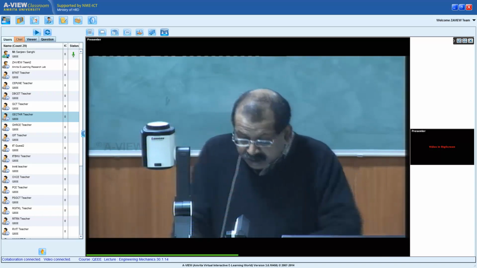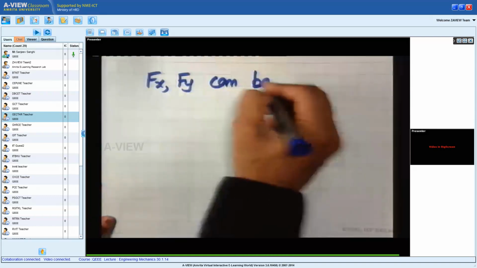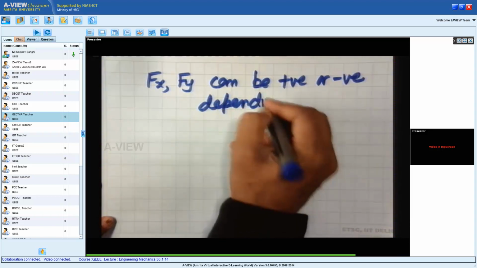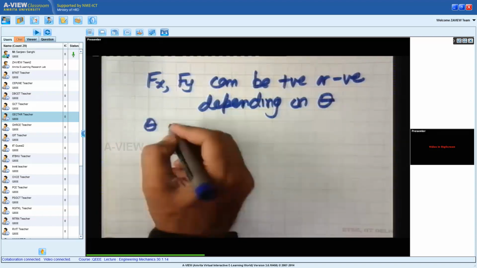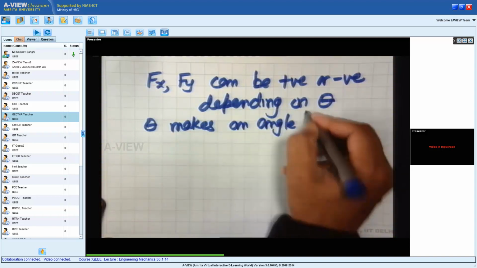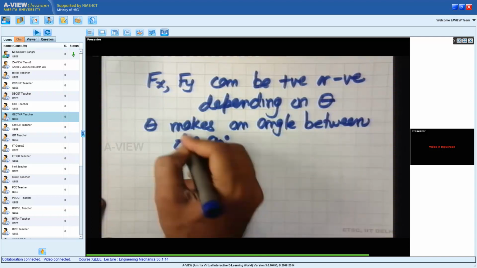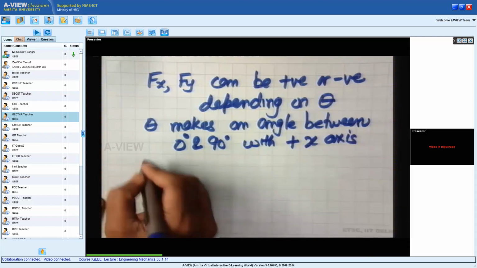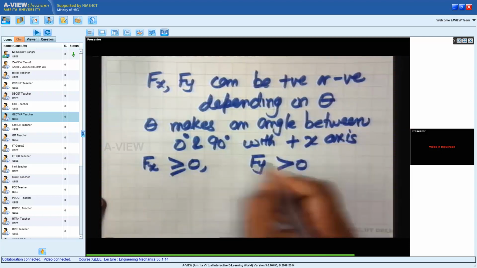Now, Fx and Fy by themselves, if I write them as scalars, can be positive or negative depending on theta. If theta makes an angle between 0 and 90 degrees with the positive x-axis, then Fx will be positive and Fy will be positive.